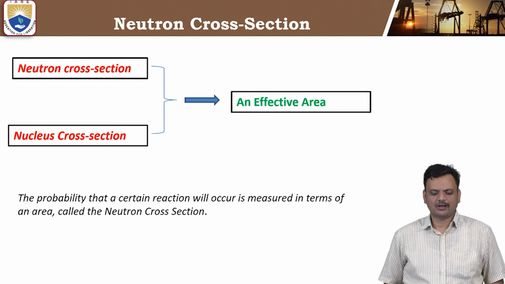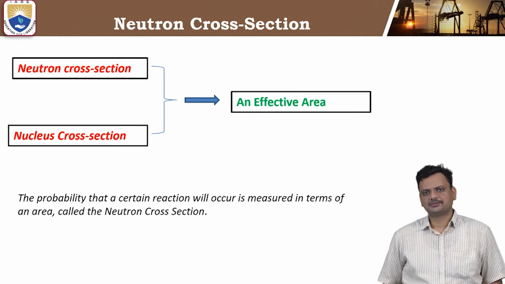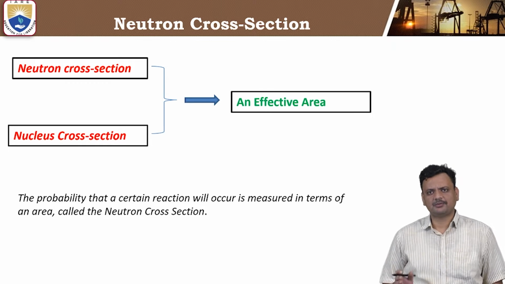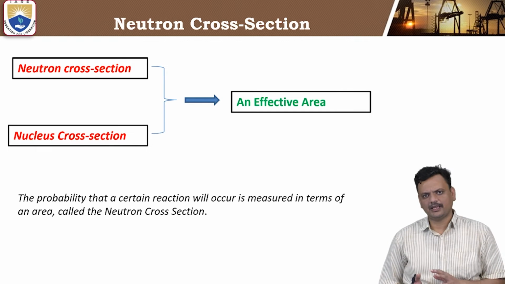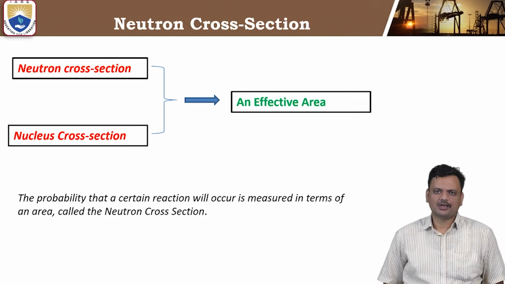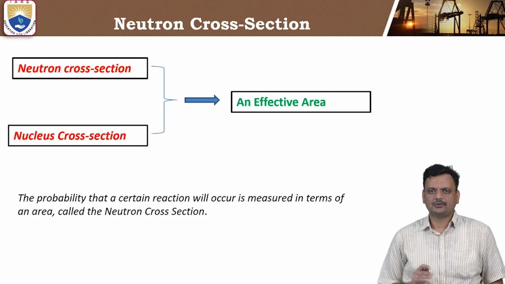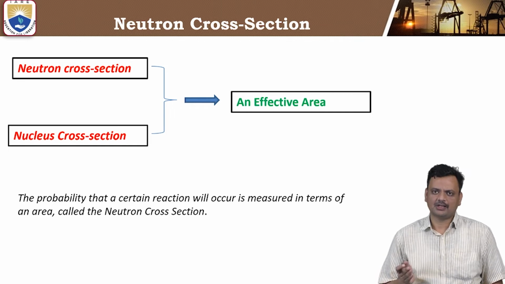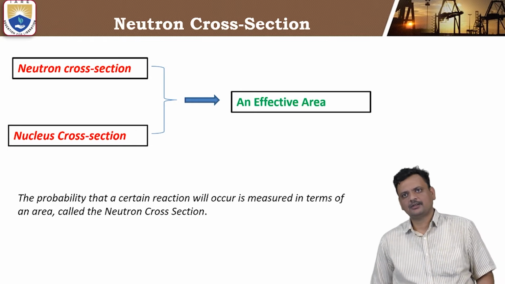Actually, neutron cross-section or nucleus cross-section measures the probability of how a neutron, or any incident particle during a nuclear reaction, approaching towards the nucleus, is interacting.